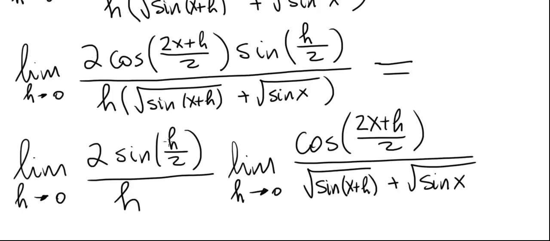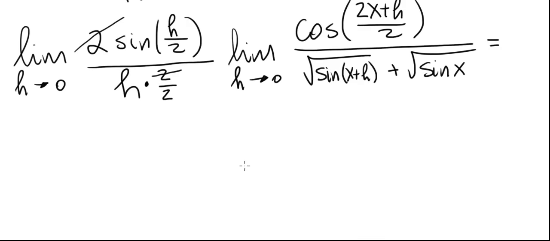In the first limit we have h over 2 inside the sine. We have h in the denominator. So I'm going to take this h in the denominator multiplied by 2 over 2. Didn't change anything. You can see that this 2 will cancel with the 2 here in the numerator, and that will leave us with the following.